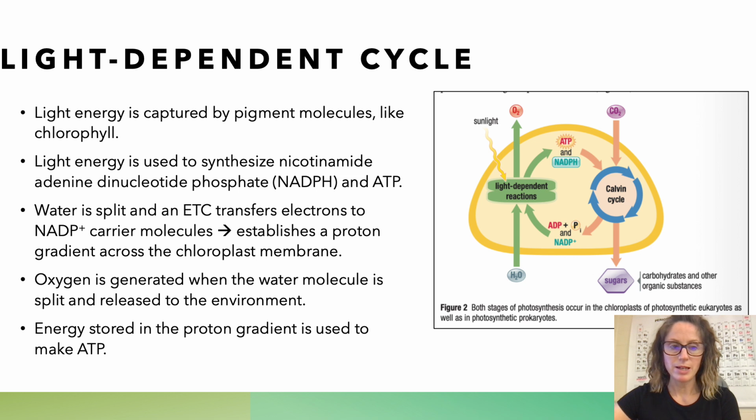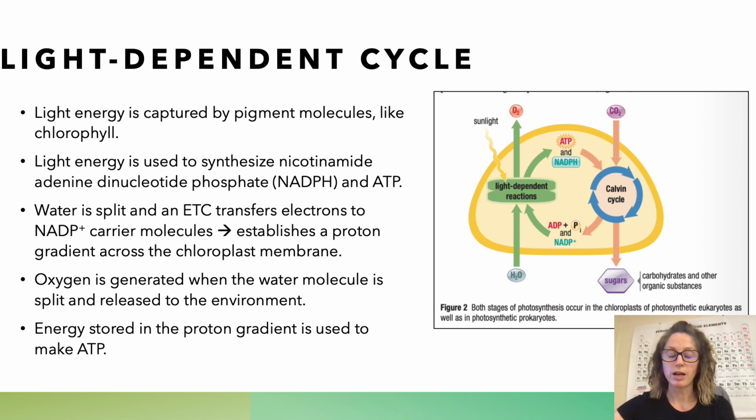In the light-dependent cycle, we have light energy being captured by pigment molecules such as chlorophyll. Chlorophyll we are familiar with as the green pigment found in plants. The sunlight is used to create NADPH, and we can read nicotinamide adenine dinucleotide phosphate.